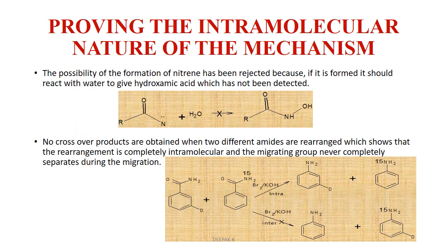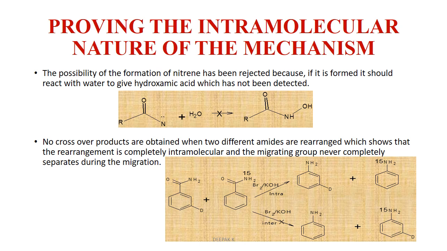Okay. Now, how can you show that this mechanism is actually intramolecular? In the case of an intermolecular reaction, the halo group will be released, giving a nitrene intermediate like that, RCON. Normally the reaction is conducted in the presence of water.